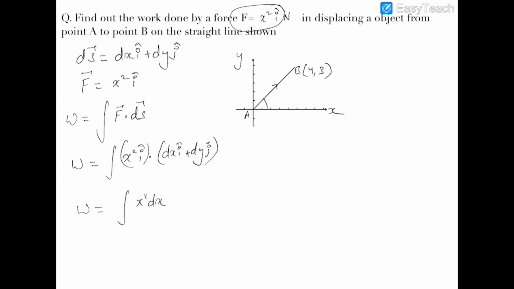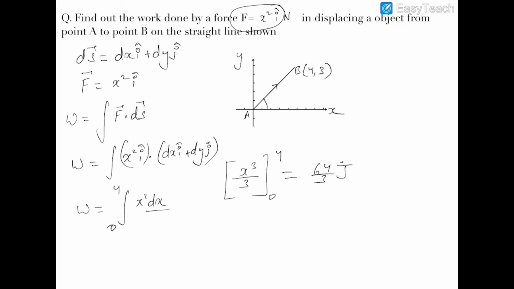Limit will be from 0 to 4, and you have to remember one thing, that you are integrating with respect to x, so the limits should be of x coordinates only. So x square dx will be x cube by 3, integrated from 0 to 4. So this will be 64 by 3 joules.